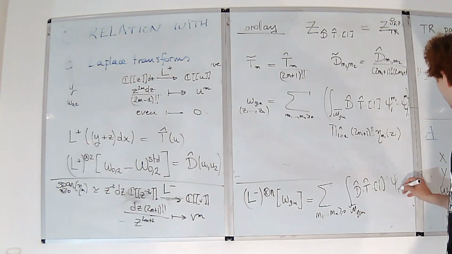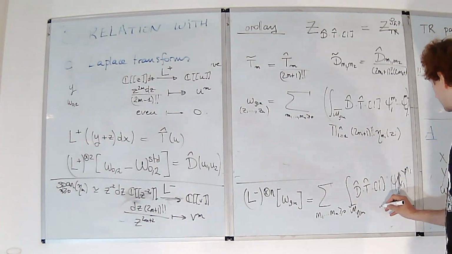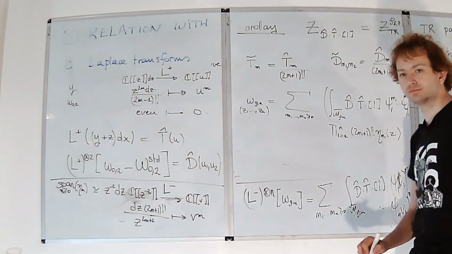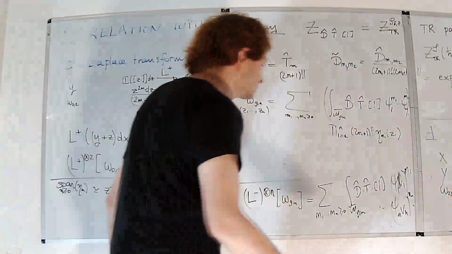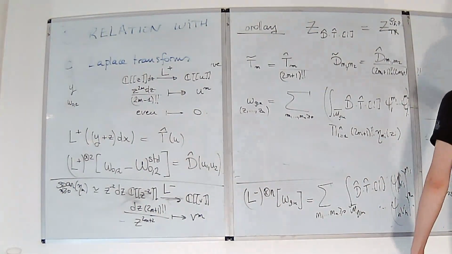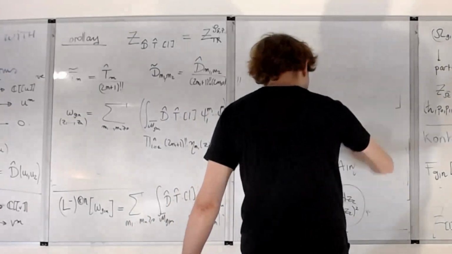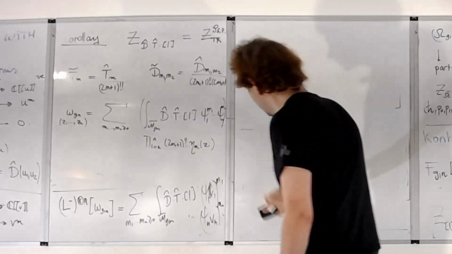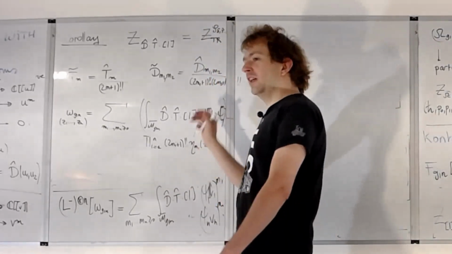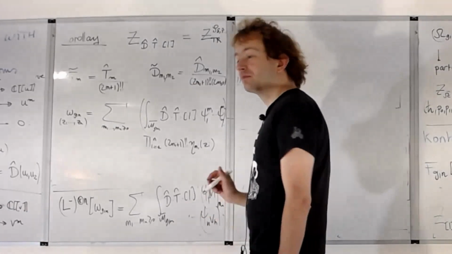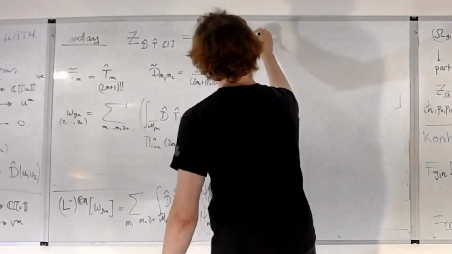And I get psi 1 times v1 to the m1, psi n times vn to the mn. So now we got rid of all factors. And this sum is nice, it's a geometric series. So I can rewrite it in a more compact way.